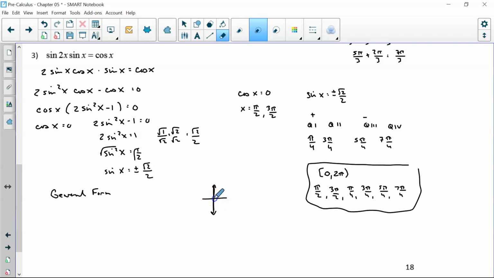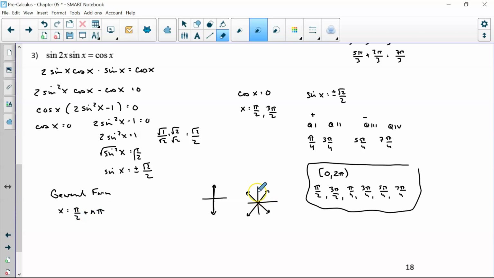And then if we think about our pi over 4, 3 pi over 4, 5 pi over 4, 7 pi over 4, that's where those are. Now, there's no nice way to connect all of them. So for our pi over 2's, x equals pi over 2 plus n pi.